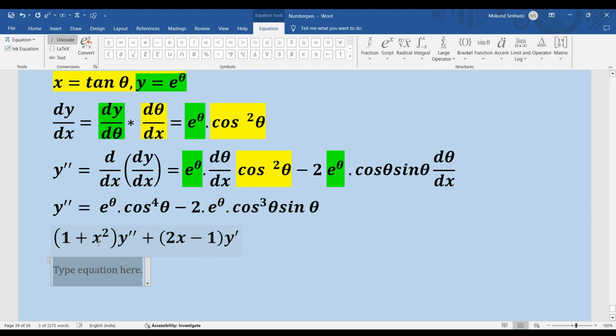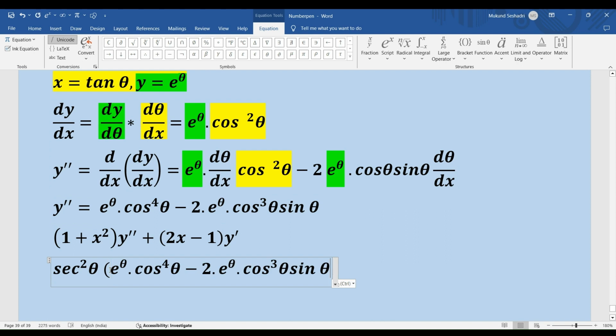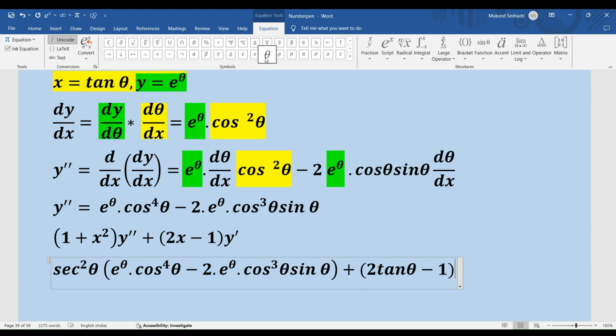So my 1 plus x square is nothing but 1 plus tan square theta, which is nothing but secant square theta, right? And then I have a y double dashed here, right? I just copy this as it is now. And then I have a 2 times tan theta minus 1. Why is that? Because my x is tan theta minus 1.